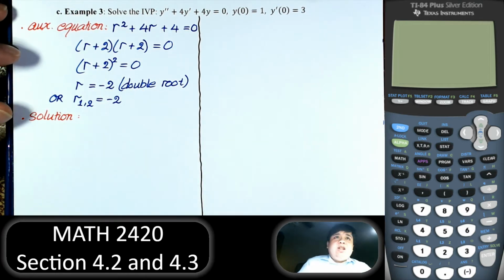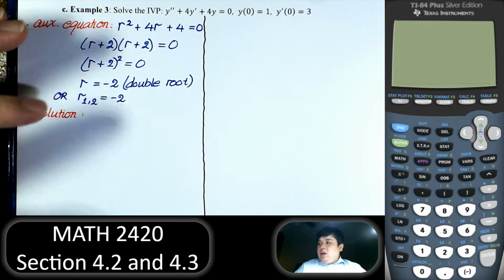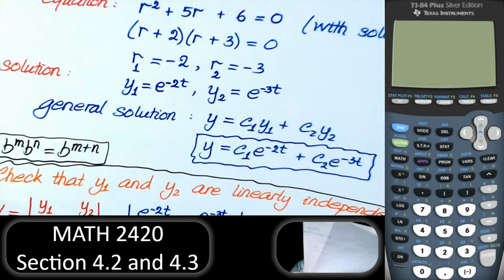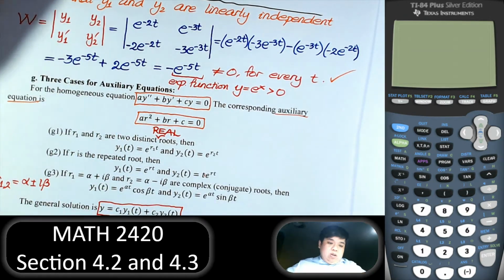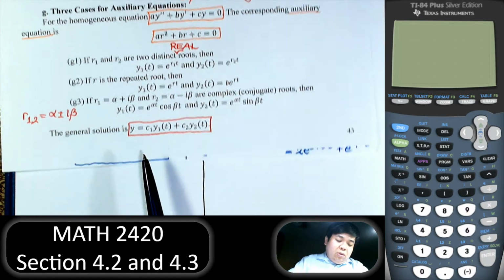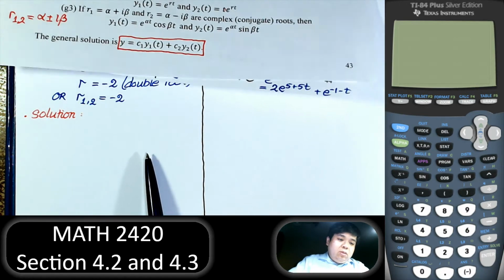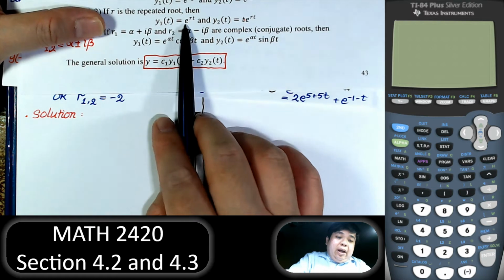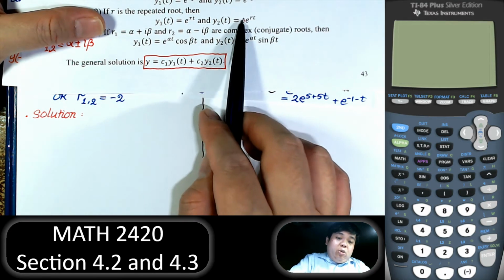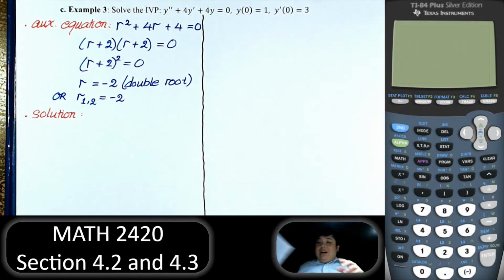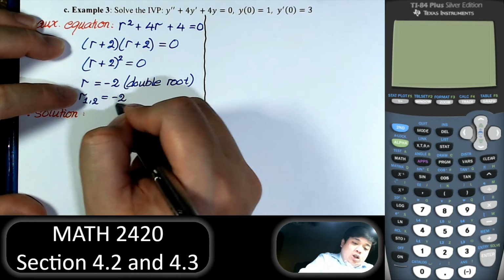This is the case where we have the repeated root. So when we have a repeated root, how do we write the solution? We write e to the rt, and then to make it linearly independent, we multiply a t into it. So r1, r2 are the same.